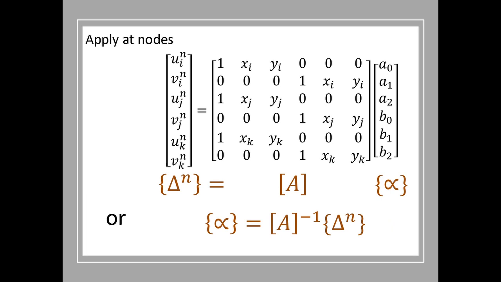If we apply this at the nodes, then the vector of nodal displacements delta n is expressed in terms of the 6 by 6 matrix A of known coordinates, multiplied by the unknown vector alpha of polynomial coefficients. Therefore, once the nodal displacements are solved for, we can find the unknown vector alpha from this equation.